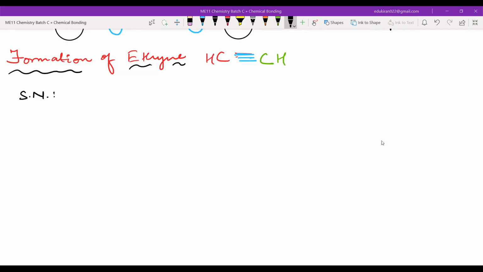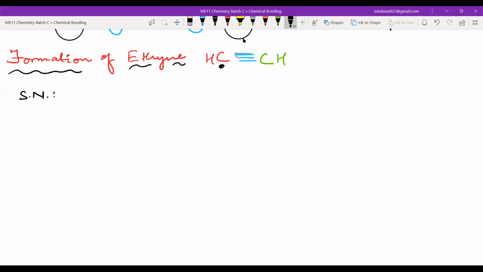For each carbon, this carbon has how many sigma bonds? Mariam, Ishma, Samaira, Safwan, guys, what happened? Yesterday you did sigma bond, pi bond. Yes or no? We have done sigma bond, pi bond, right?